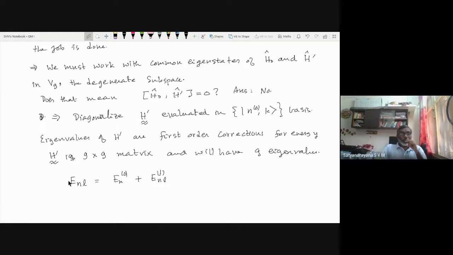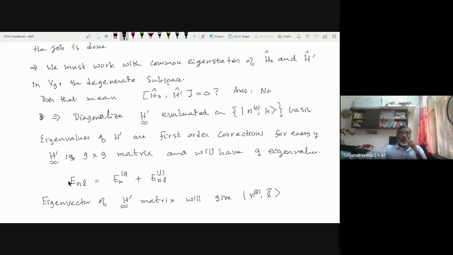And the eigenvectors of the H prime matrix will give what I have written here as |n0, L tilde⟩.